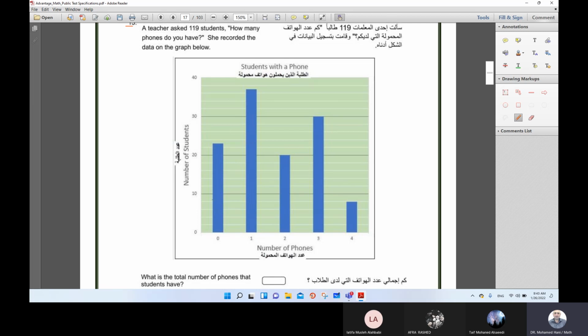Listen to me. In this paragraph, we have here the number of phones, as you see here in the middle. And here we have 20, 21, 22, 23. So we have 23.